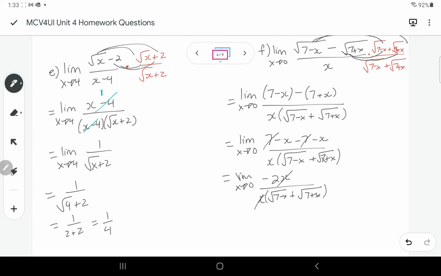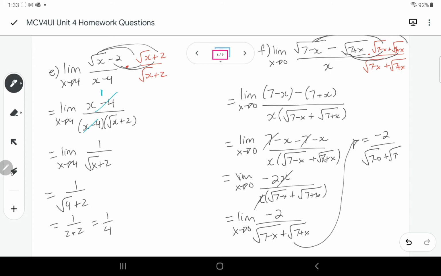And then the x's will cancel, so we'll have the limit as x approaches 0 of just negative 2 over root 7 minus x plus root 7 plus x. Then we're ready to sub in, so we've got negative 2 over root 7 minus 0 plus root 7 plus 0. So negative 2 over 2 root 7. That will reduce, and then I'm going to multiply by root 7 over root 7 to rationalize the denominator. So negative root 7 over 7.